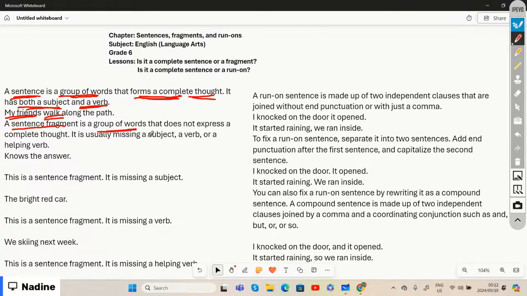It is a group of words. It does not express a complete thought.